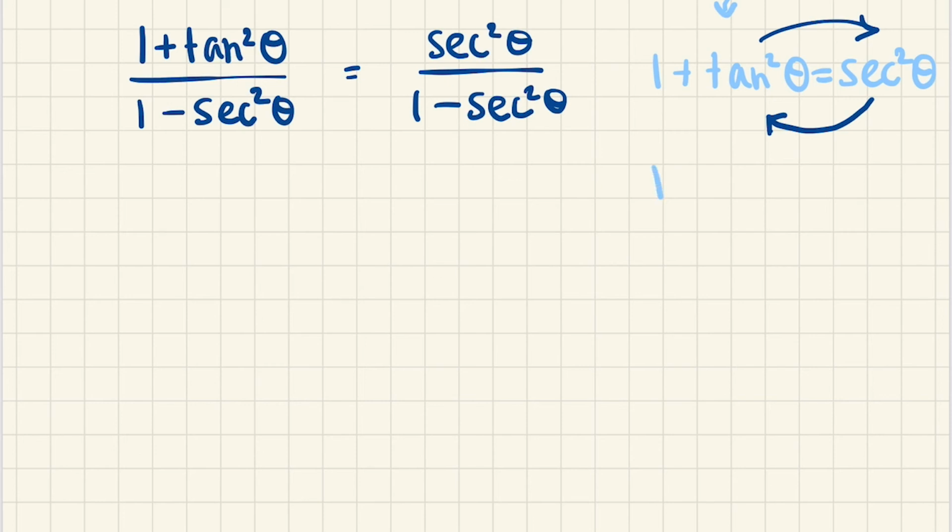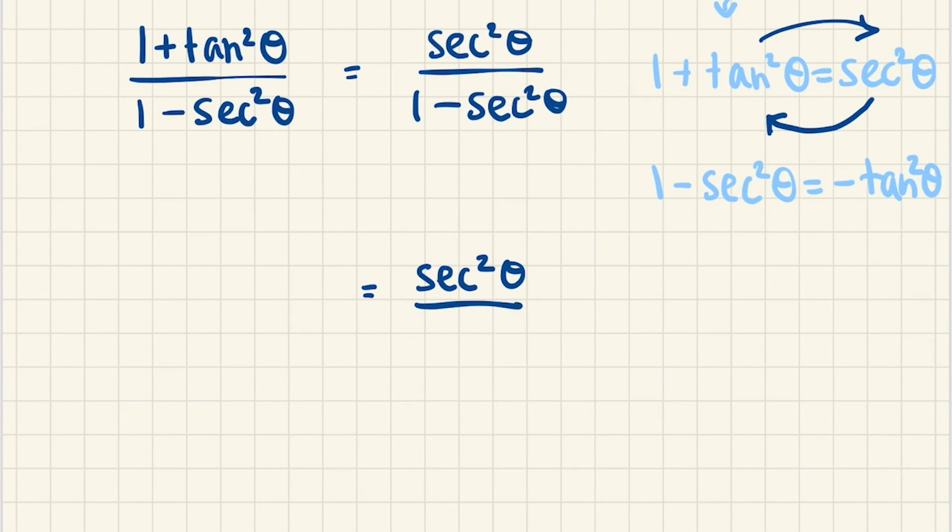So we would get 1 minus secant squared theta is negative tangent squared theta. Okay, so this is secant squared theta divided by negative tangent squared theta. All right, so we're on our way here to simplifying this.